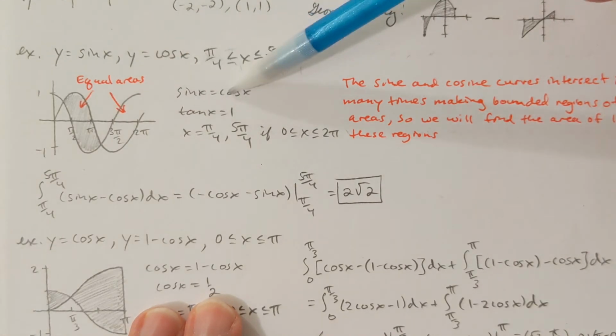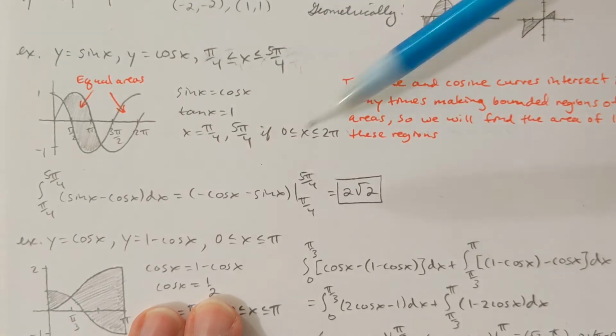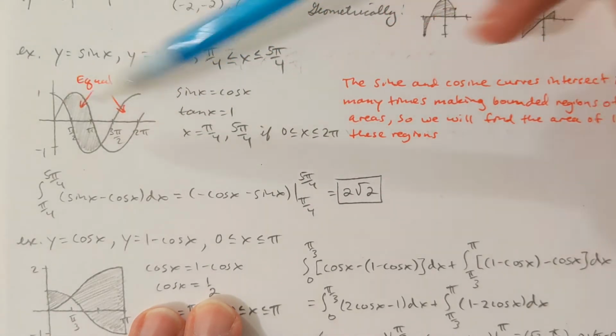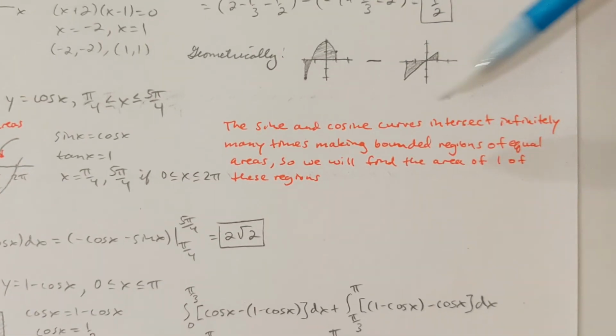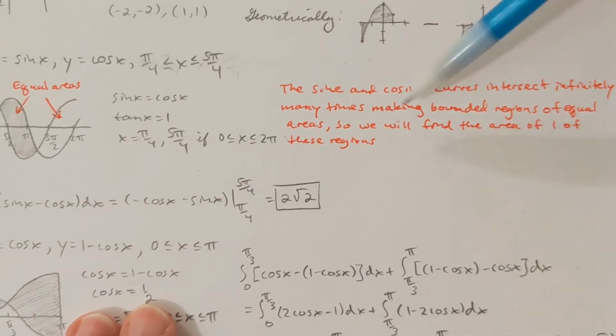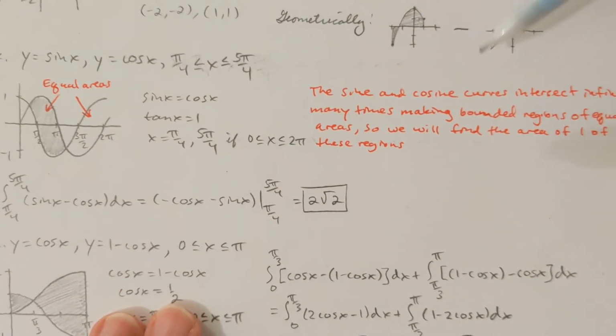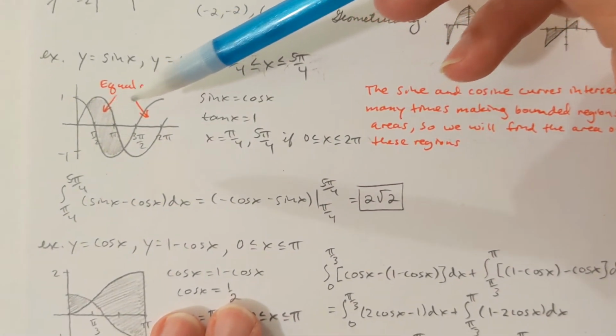I've solved by setting these equations equal and then solving for x, and I also get those values. Now the sine and cosine curves intersect infinitely many times, making bounded regions of equal area. There's going to be infinitely many of them. So we're going to find the area of one of these regions.